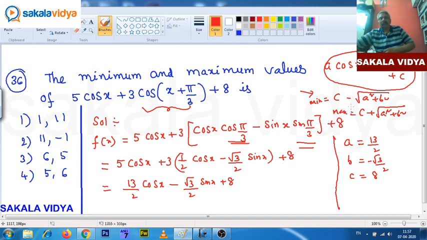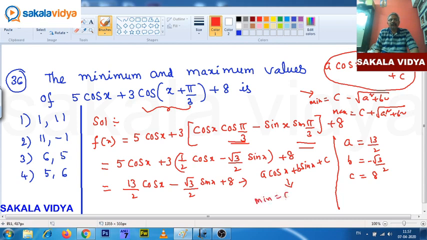Okay. Now, I will write once again. So now this will be in the form of a cos x plus b sin x plus c, whose minimum value is c minus root of a square plus b square, whose maximum value is c plus root of a square plus b square.